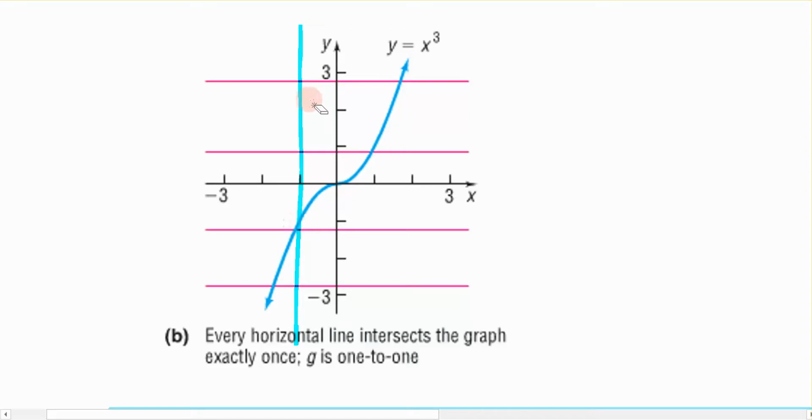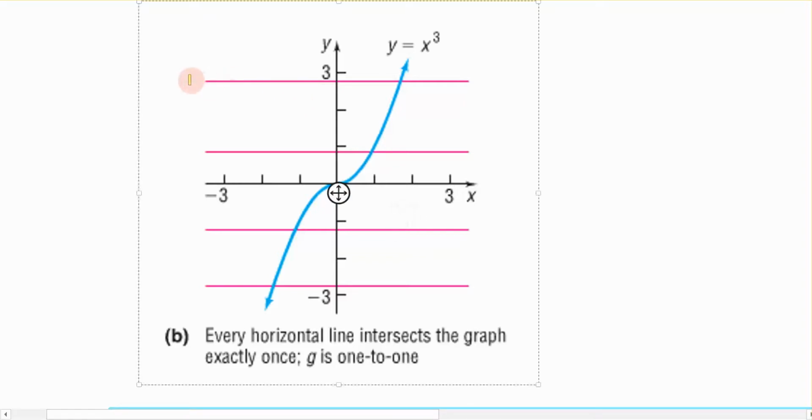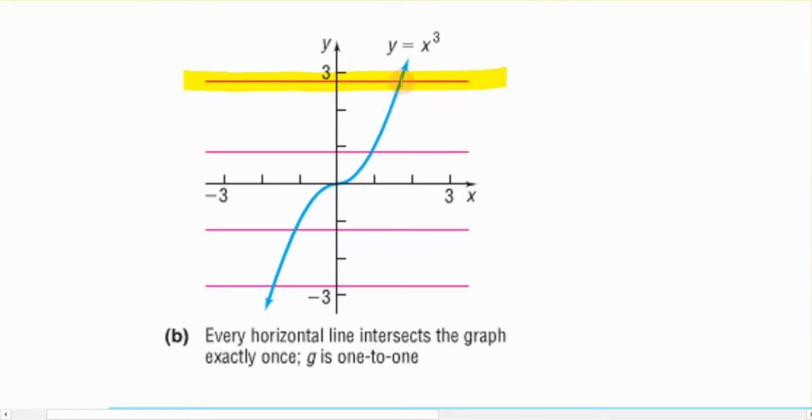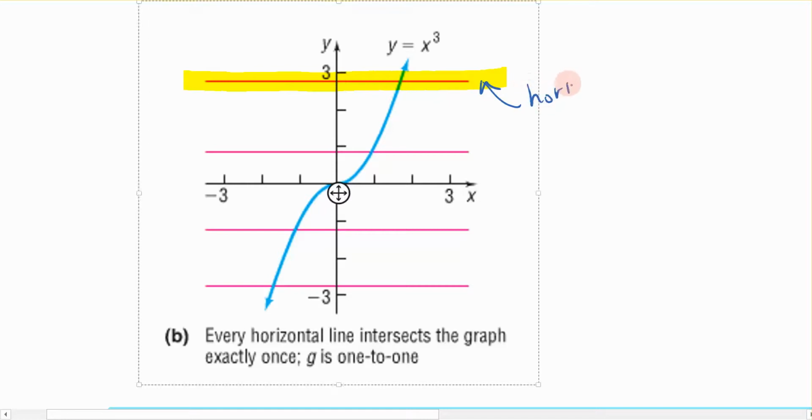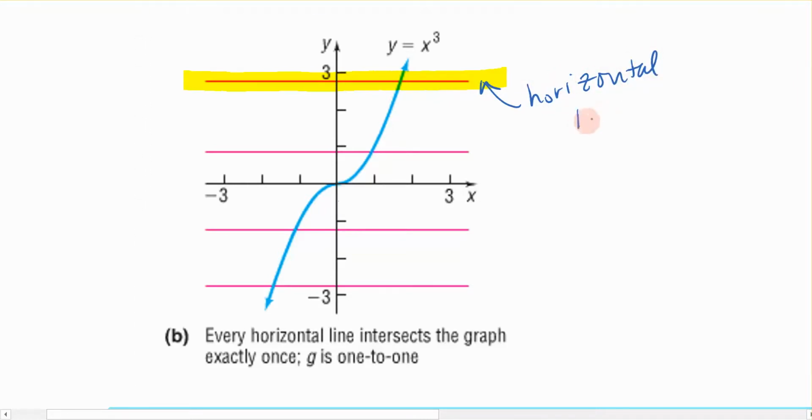I can go one step further and test whether, if it's a function, it is one-to-one. I can see that if I pass a horizontal line across my graph, it only touches the graph at one point. So the horizontal line test is the test to determine if a function is then one-to-one.